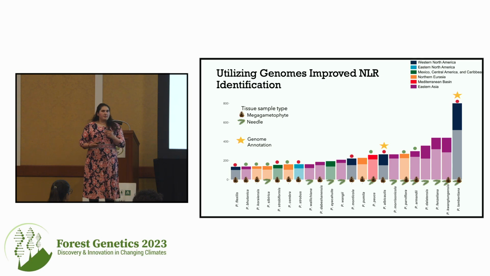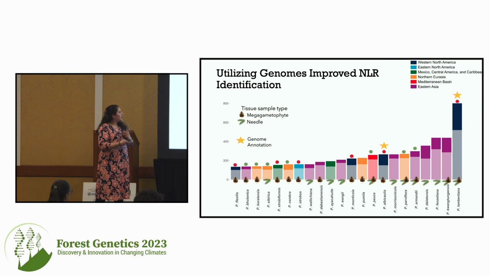Here I'm comparing just the genome results for white bark pine and sugar pine. Using the genome instead of the transcriptome, white bark pine went from last to pretty close to the top. For sugar pine, I greatly increased, almost doubling the number of identified NLRs, and the number of complete NLRs I was able to identify was also greater.